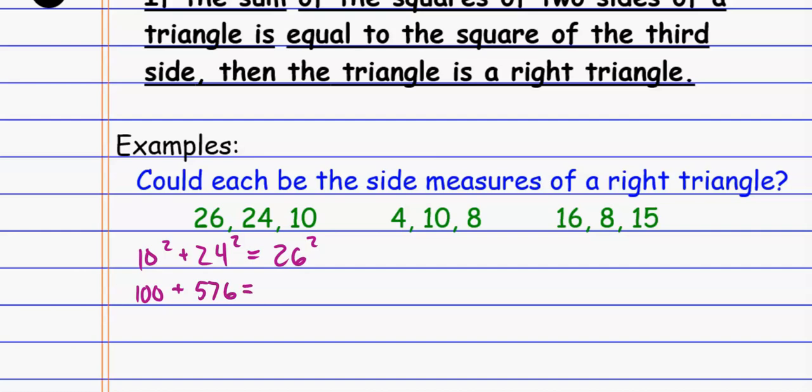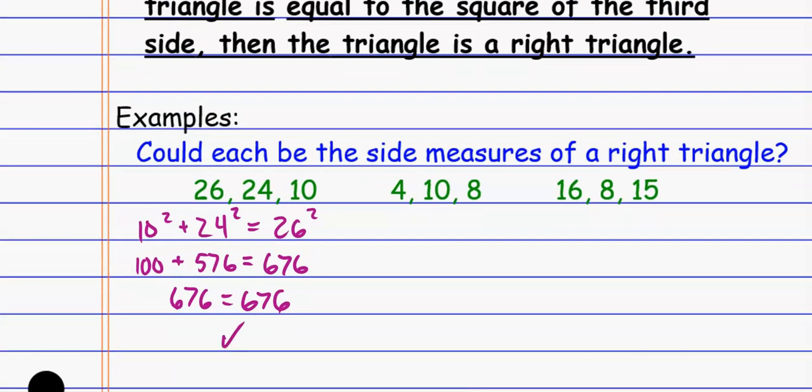And the 26 squared ends up being 676. Now when I continue to simplify, here's that 676 equals 676. So basically the formula worked. A squared plus b squared does indeed equal c squared, which means this one could be the side lengths of a right triangle. So we're going to say, yes, this could form a right triangle.